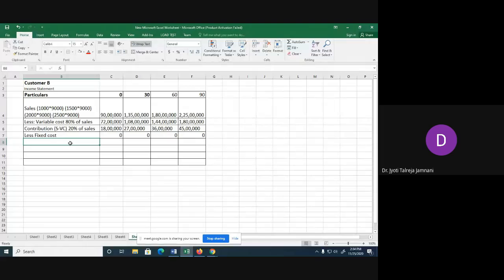You will get earning before tax, which is the same amount because there's no fixed cost. So you are not going to less anything. Then from this you will do less tax. There's no tax percentage also given. So tax is also 0. So you'll get earning after tax.